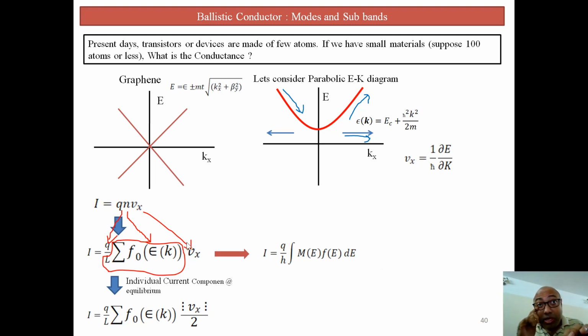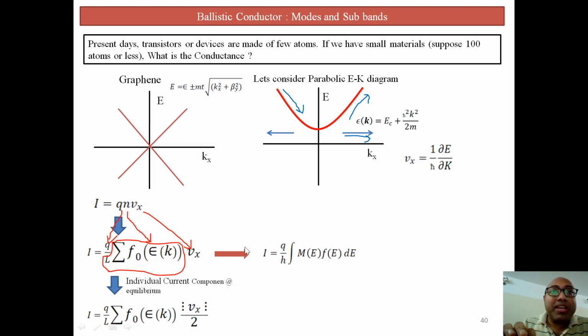But here the difference is you have f, just like a density of states, the density of states multiplied by the Fermi-Dirac statistic. But instead of density of states, because they have to find the current, they have introduced another component called the modes. And modes is a number. That is the beauty of this. It's a number, it's not integrable.